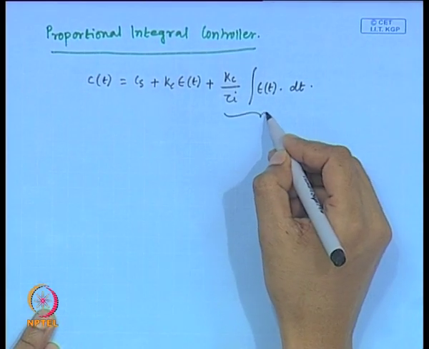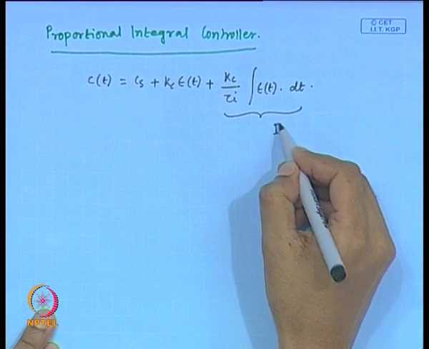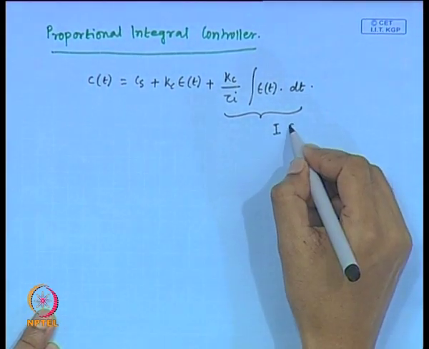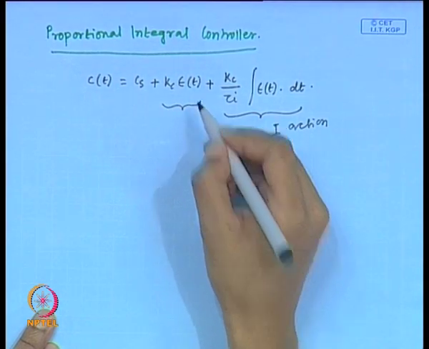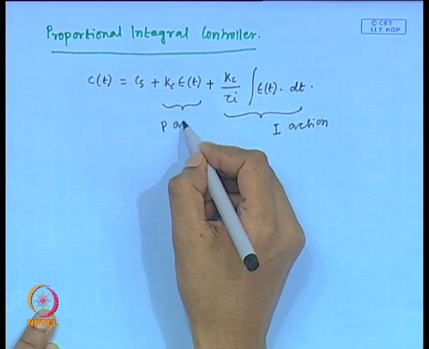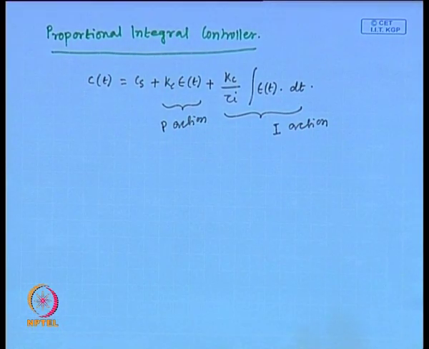So, this is the integral action and this is the proportional action. Combining these two actions, we obtain the PI controller.